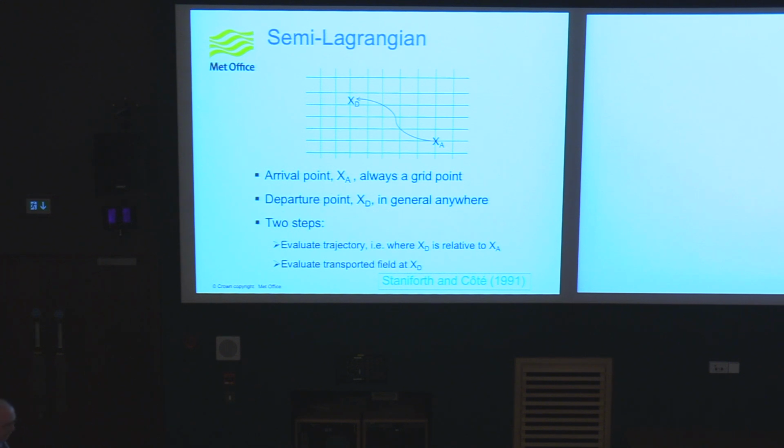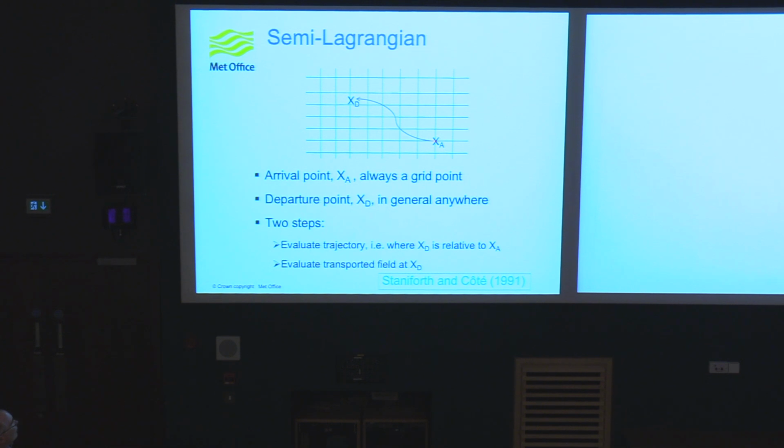So the basic principle of a semi-Lagrangian scheme is that we are always considering how things change at fixed points, so at arrival points, at grid points, where we want to know what the answer is. So this might be our mesh. Currently in operation, we're running at a 10 kilometre weather forecasting mesh, so we might think of one of these points as that arrival point.